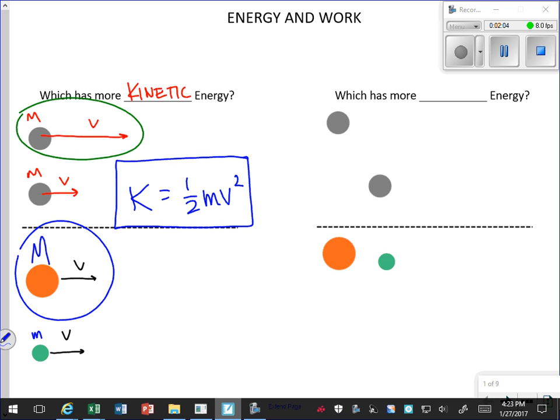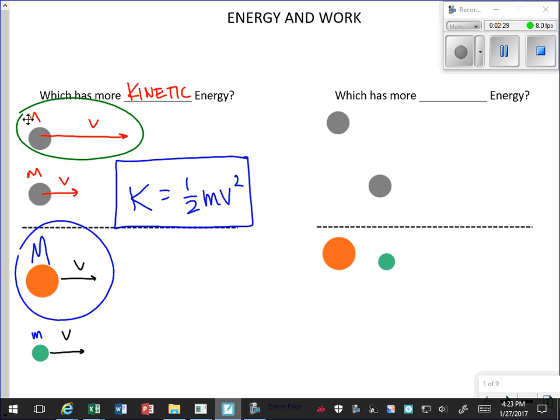Second, now we're talking about the energy that these objects have, not because of their motion, but because of their position. In particular, their position relative to something else that's really important, and that is the Earth.